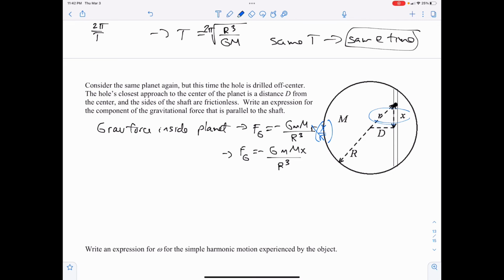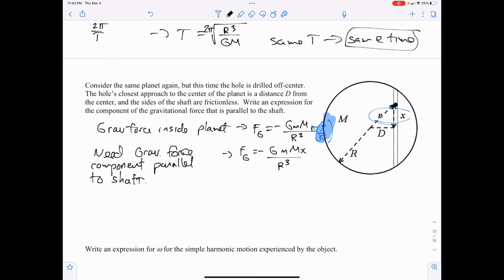Again, why did we multiply by this x over r ratio? Because what we're looking to do is find a gravitational force component that is parallel to the shaft.